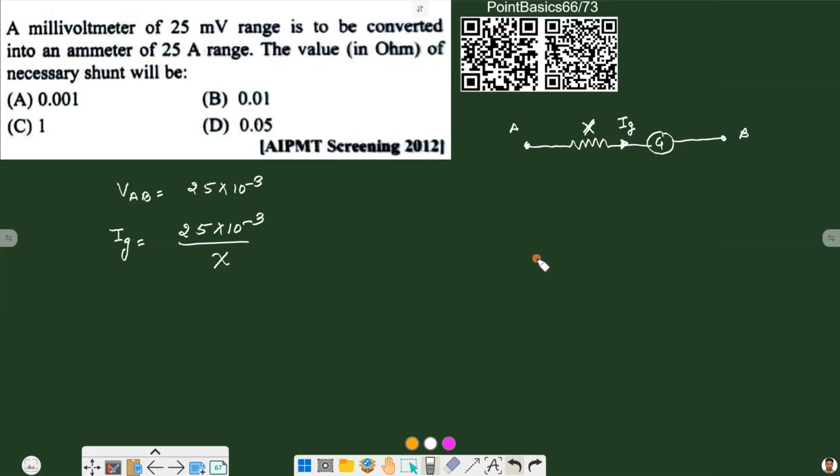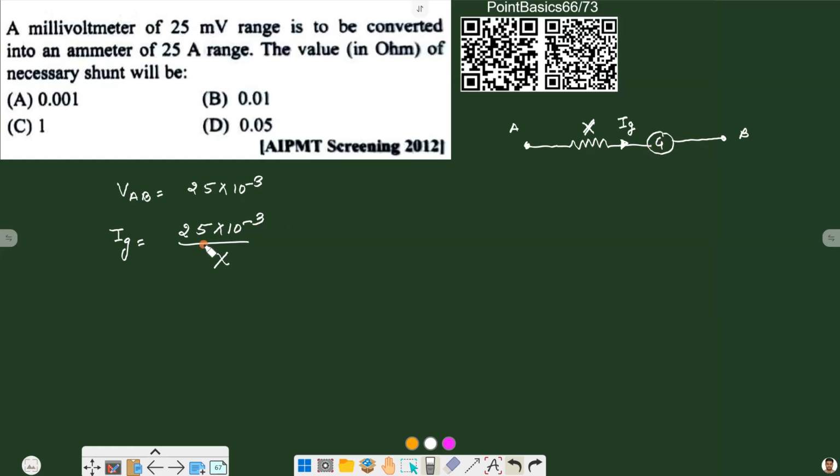Now let me clarify one thing also. This X also includes the resistance of the galvanometer, because when we convert a galvanometer into a voltmeter, the galvanometer does have some small resistance, and we add a series resistance to it. So this X is also including the resistance of the galvanometer.